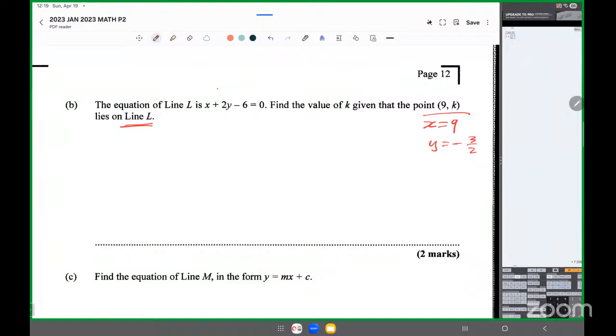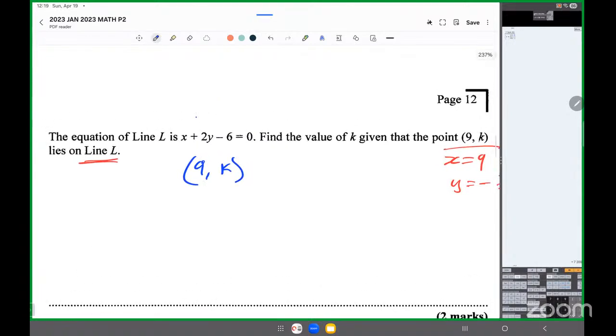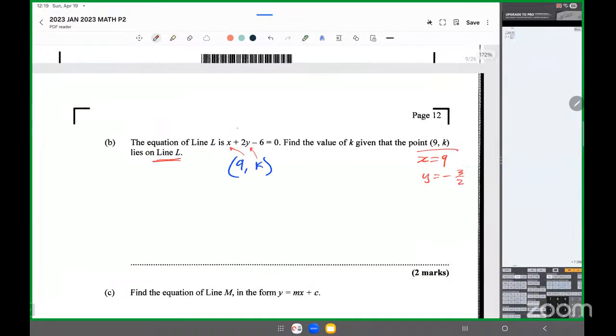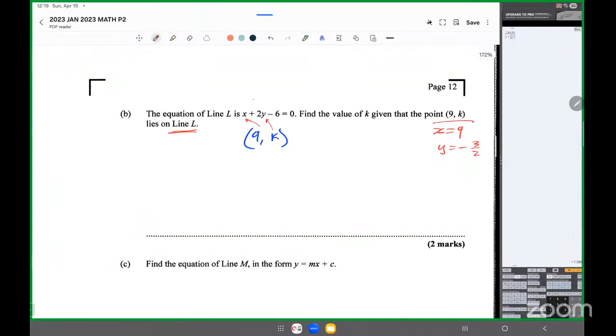I'm going to use the method of plugging the values in. So it's (9, k). I'm going to take the 9 and substitute it for the x, and take the k and substitute it for the y. It's a point on the graph.